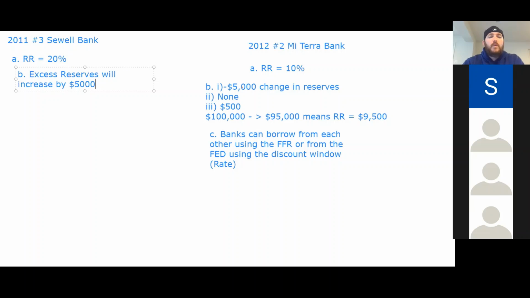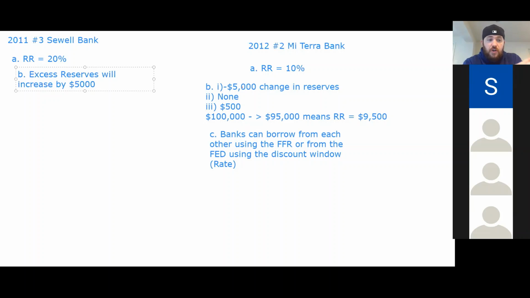The Fed is going to give us cash. We're just converting bonds to cash in this case. So we're going to take $5,000 away from the government securities under assets, and now we're going to shift that to the excess reserves. So our excess reserves is going to change by $5,000.